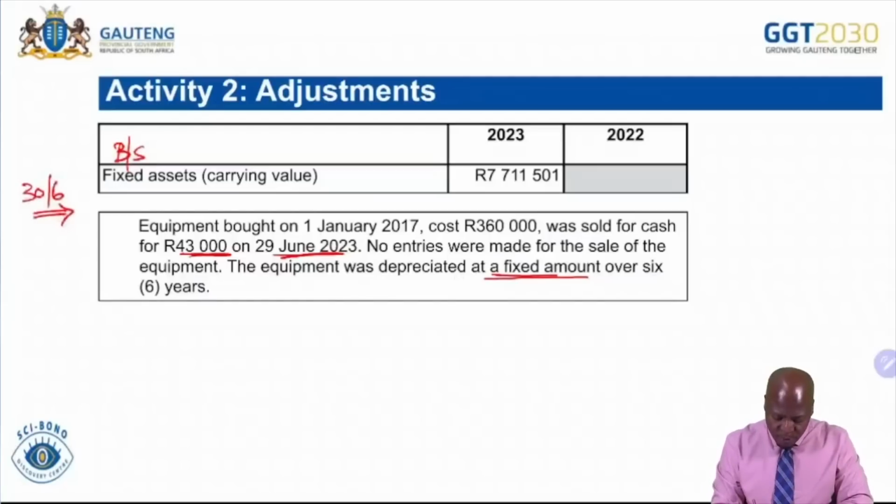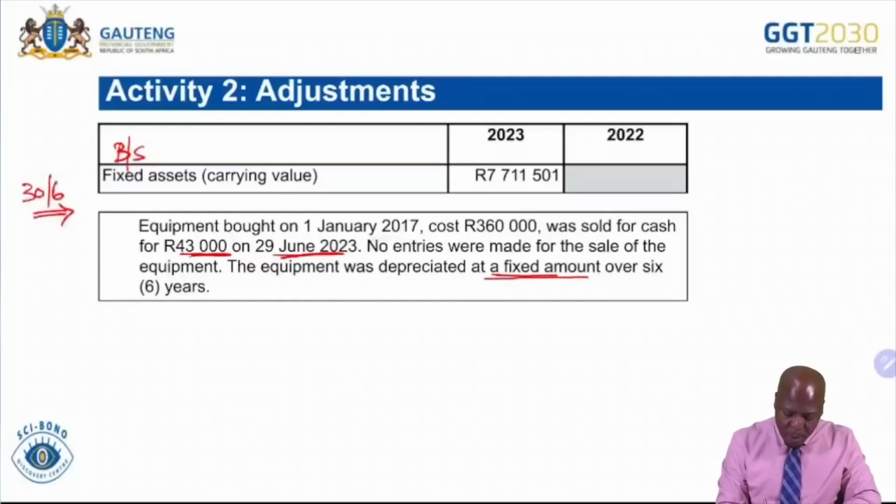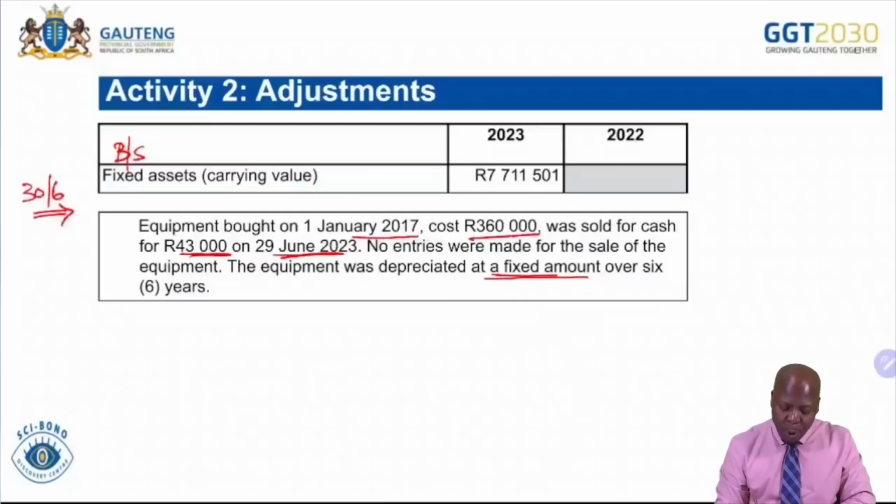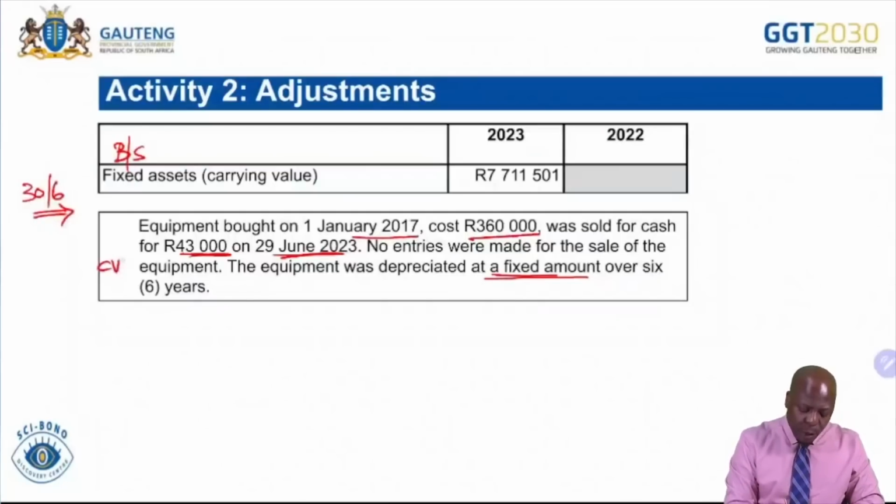We are told that we bought an equipment on the 1st of January 2017 and it cost 360,000. But in this case, we are supposed to calculate depreciation, because when we sell an asset, we need to know what was its carrying value. But for us to get carrying value, we have to say cost minus accumulated depreciation.